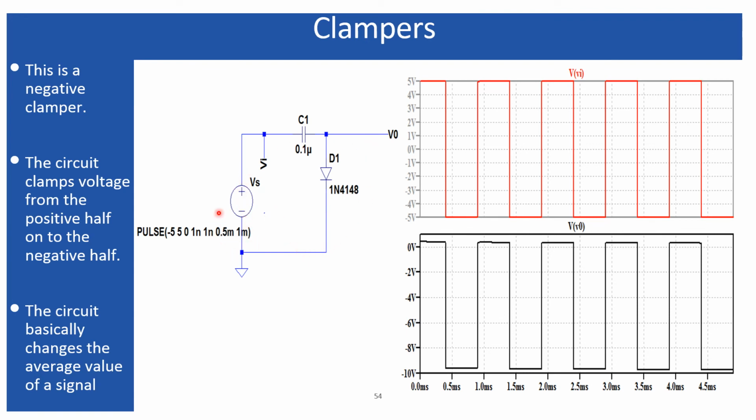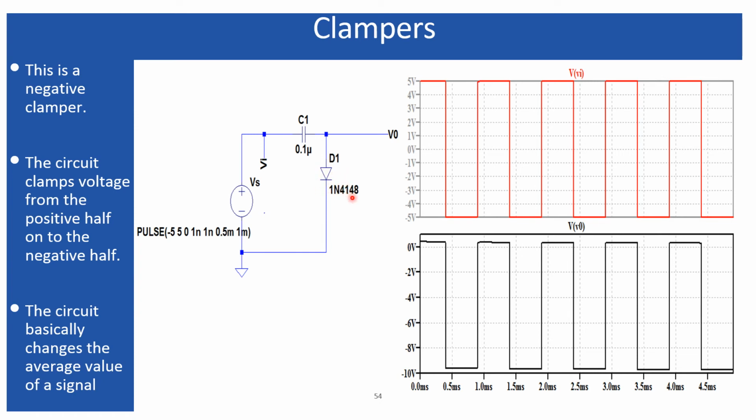Here I have assumed a square pulse to make you understand in a better way. However, any kind of AC signal you can use over here. The red one represents the input signal, which is oscillating between plus 5 and minus 5 around zero voltage. When it is plus 5, as I told, the output is the voltage across the diode only, which is either 0.3 or 0.7 depending upon the diode material you are using.